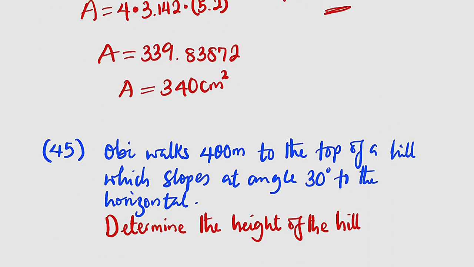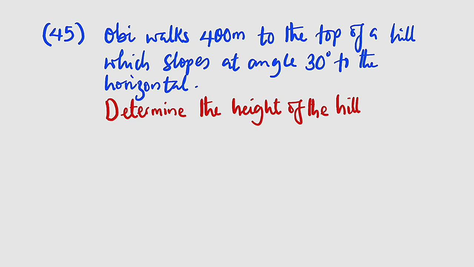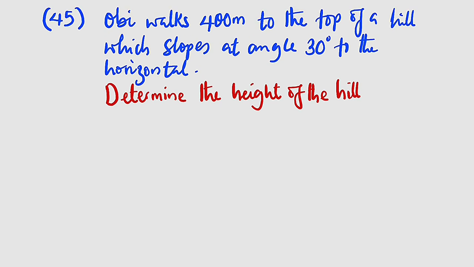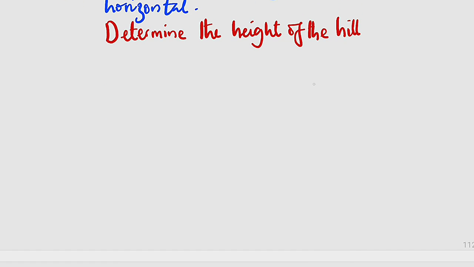Now let us move on to question number 45. Question number 45. OB walks 400 meters to the top of a hill, which slopes at an angle of 30 degrees to the horizontal. We are asked to determine the height of the hill. So let me make a simple sketch here. Suppose we have a hill like this.